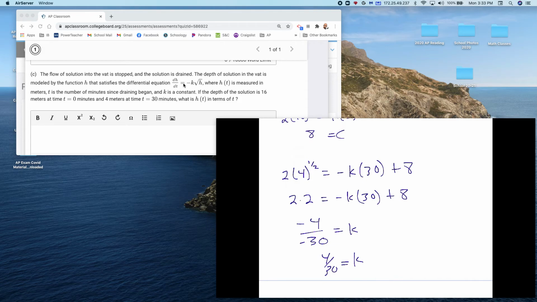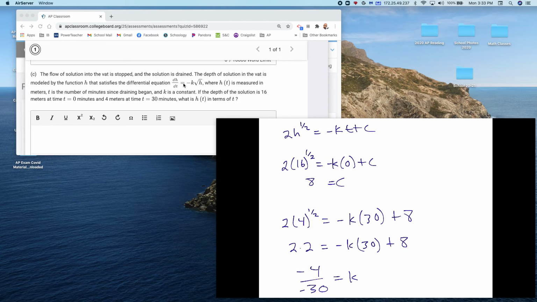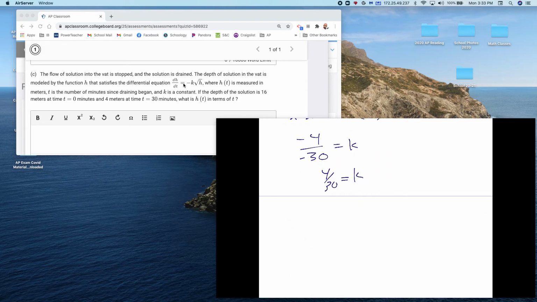So here's what we have at this point: 2 times h to the 1/2 equals negative 4 over 30 t plus 8, and we are just going to complete this one by solving for h and not simplifying.